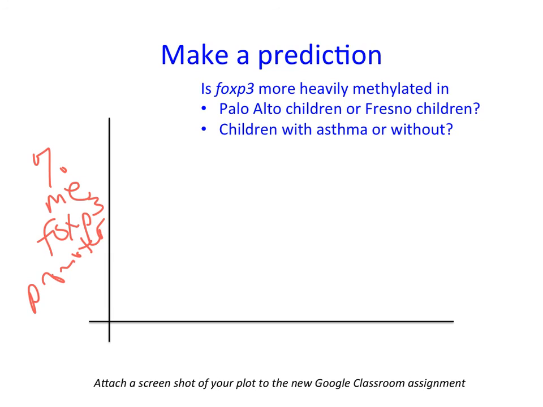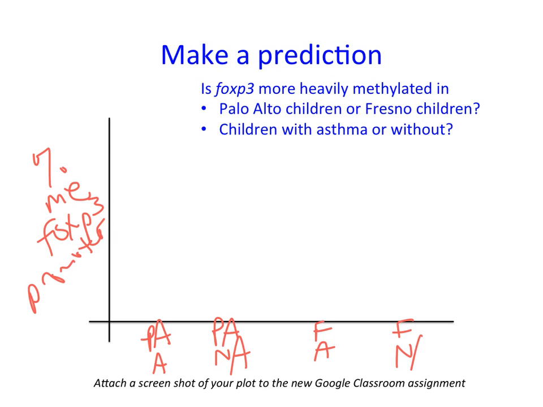So we're measuring this methylation pattern in what groups of individuals? Independent variables. So different kids. So we're going to use the same groups. So we'll do Palo Alto, what was it? Asthma. Palo Alto, no asthma. Fresno, asthma.